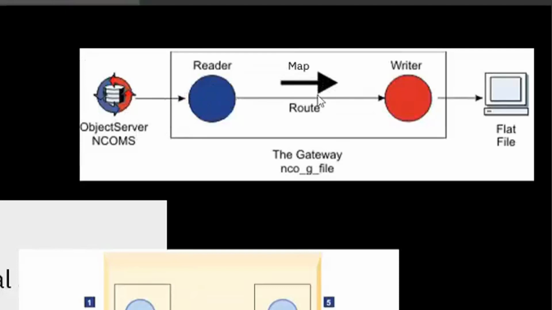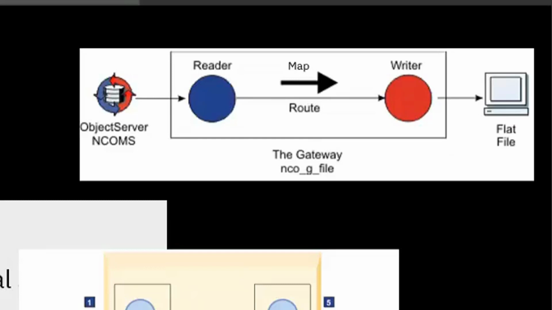Then there is a mapping, which defines what kind of fields we want to take from the object server alerts status table, and how we want to transform them for the writer module. The writer module defines what kind of target we are writing to. The writer is really a separate module, which is loaded at runtime. So you can have multiple writers in a single gateway configuration if you wish, but usually we just use one writer component per gateway.